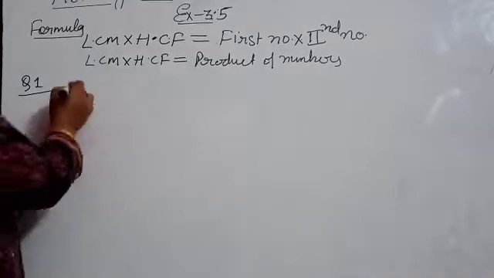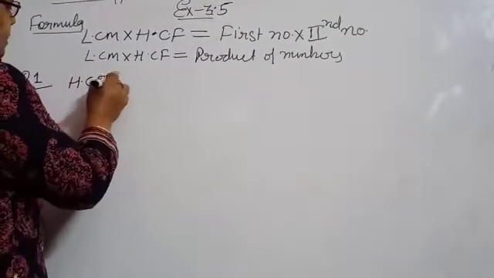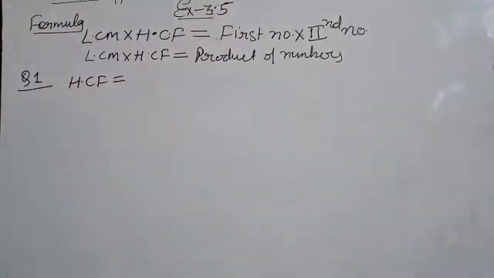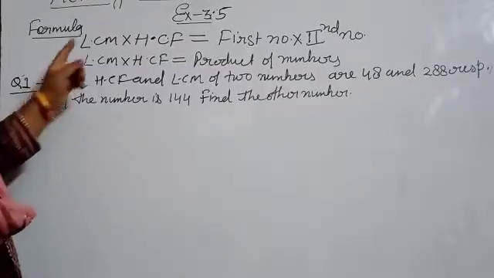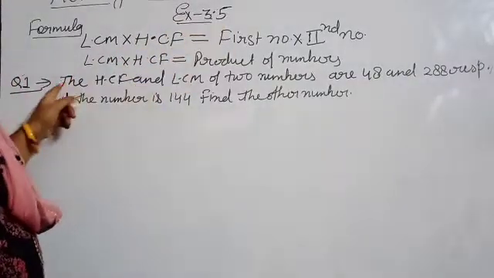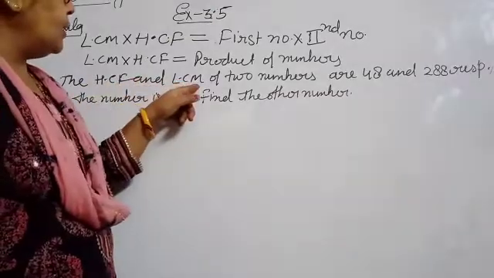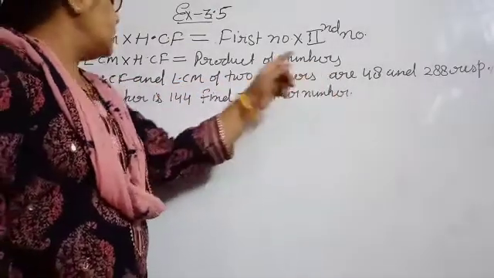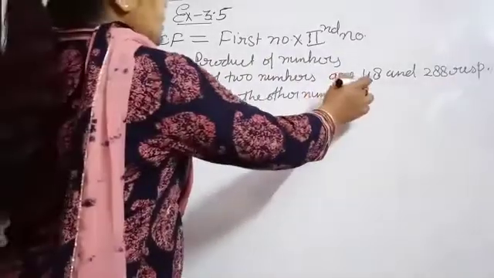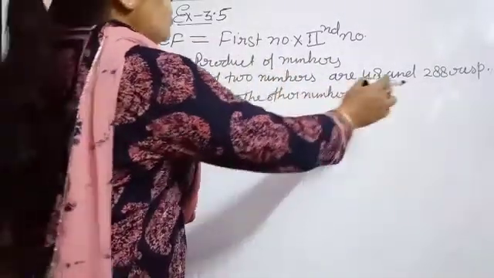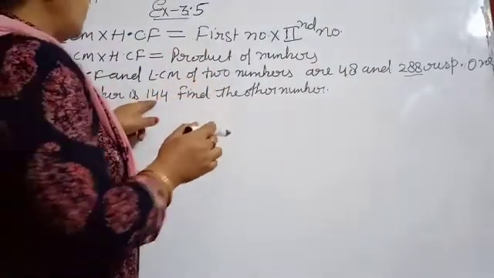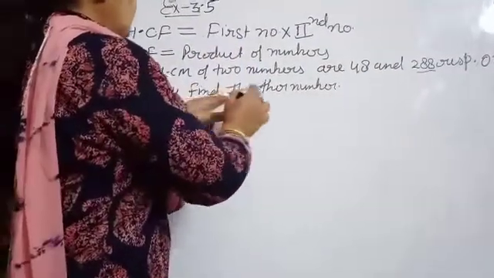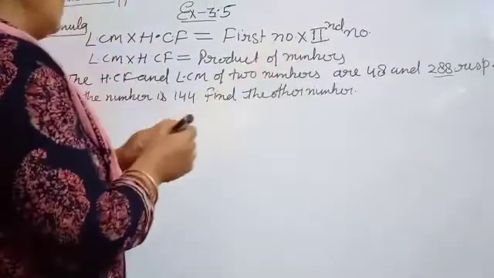Okay, HCF is written first, so the first value will be for HCF, and LCM is written afterwards, so this will be the value of LCM. Okay, and one of the numbers is 144, means the first number is 144. We have to find the other number, means the second number.